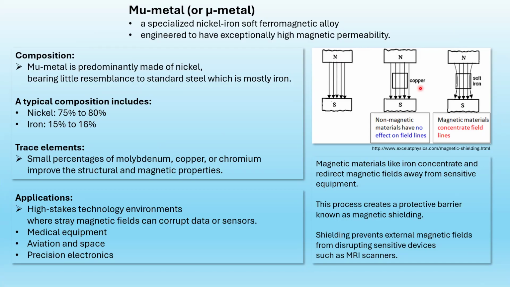Copper will pass through the lines, but will not do much to them. Now look what happens when we pass the magnetic field through iron. Iron is a magnetic material. Magnetic materials concentrate the field lines. They kind of just look like a lens in photography, right?